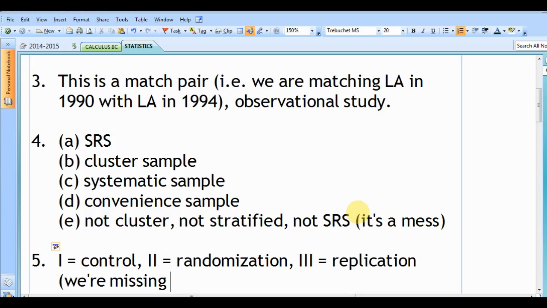Go back to experimental design. From my notes, it's randomization, blocking, direct control. No, those are the types of experiments. We're looking for the principles of experimental design. Sorry. There's randomization, blocking, direct control. That's what it said under... Blocking? Yeah.